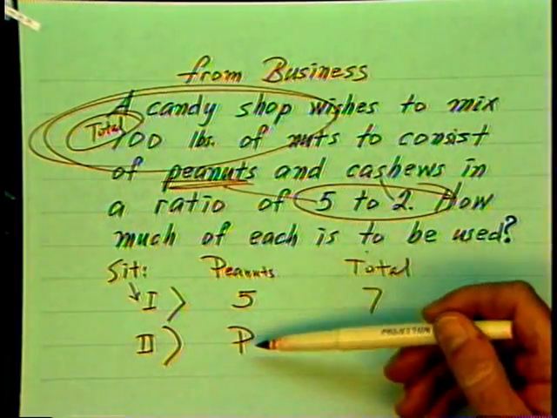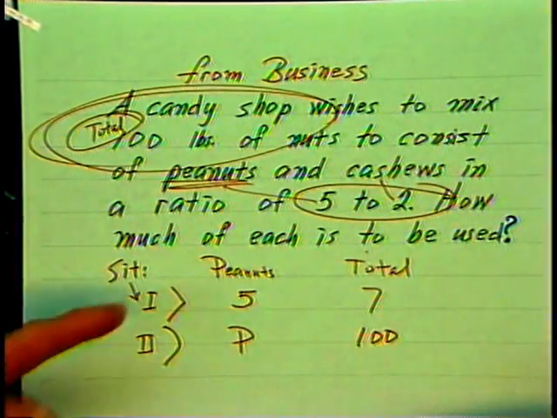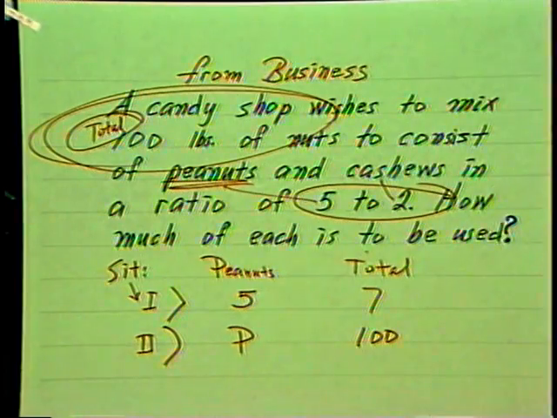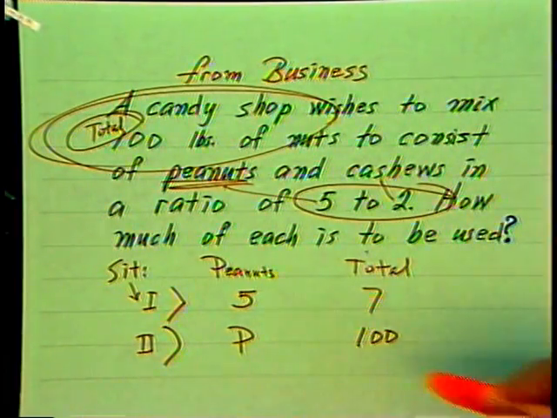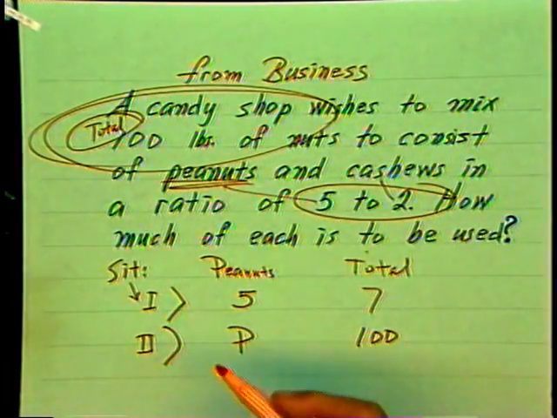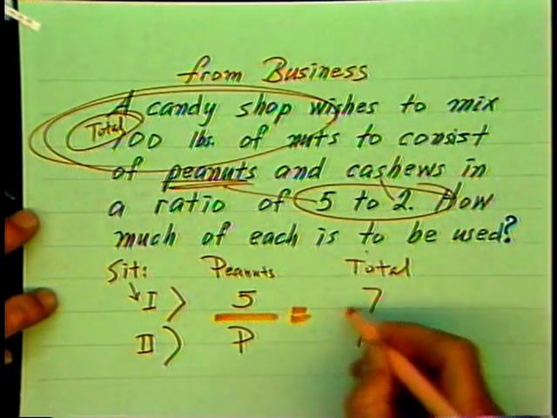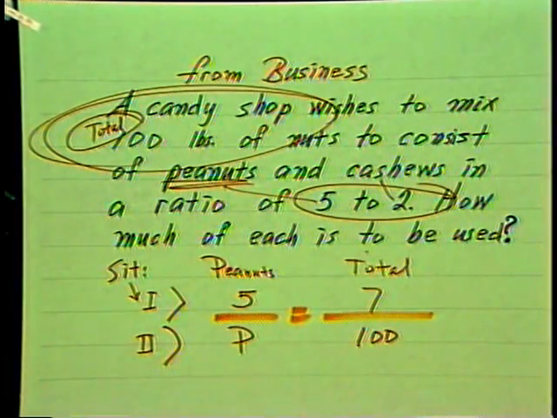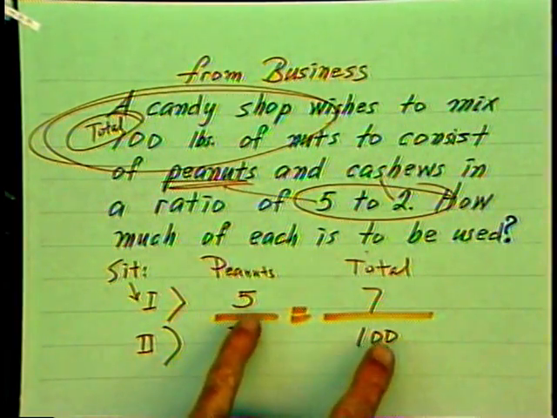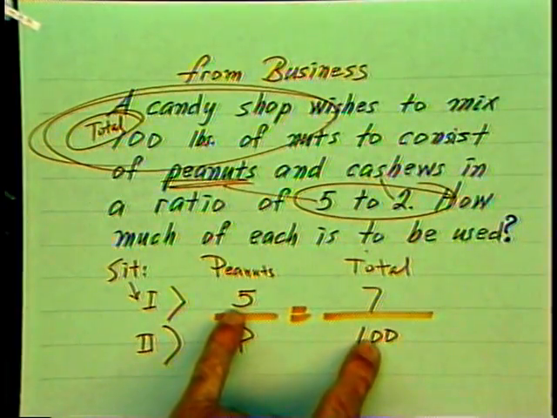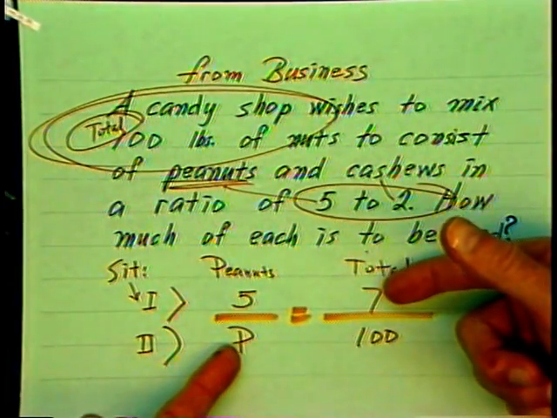So peanuts, total, in my 2 situations. Assuming they're all figured in pounds, there is my proportion. And after a while, you become just this good at it. You can look at the diagonal without the letter and say, aha, that's 500. And I'm going to divide this by 7.